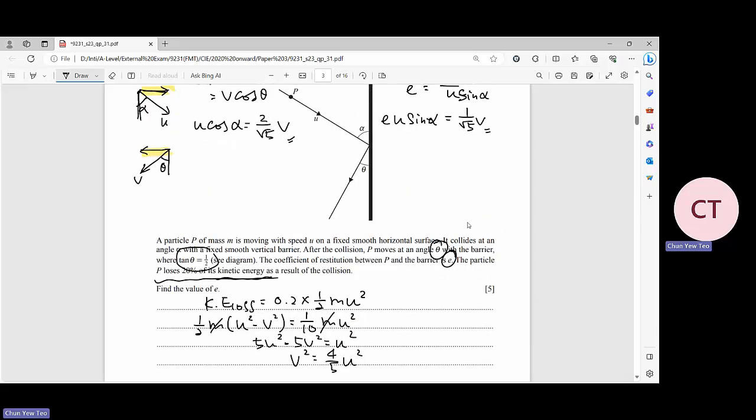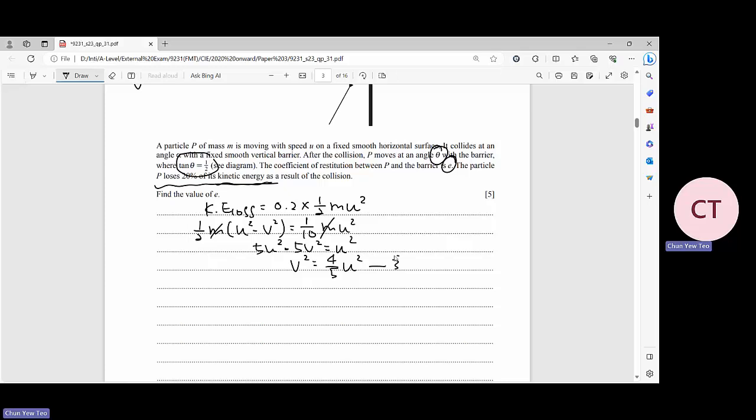So from this relationship, we can make v become 5/2 u cos alpha. I will call this equation 1, this equation 2, and this equation 3.